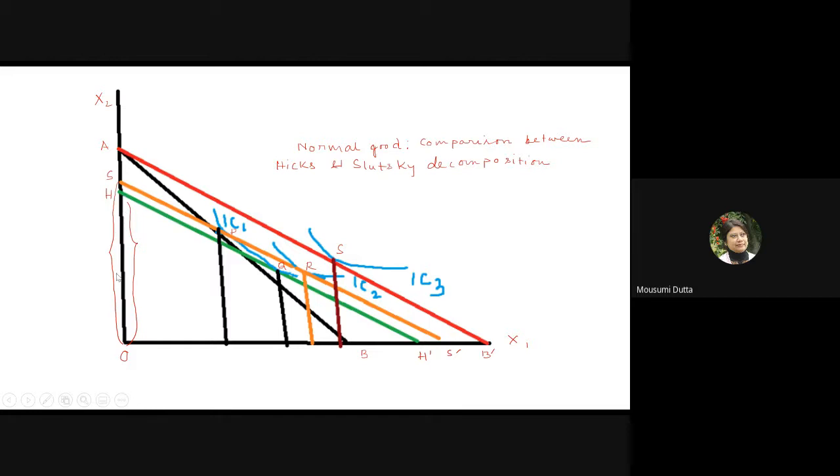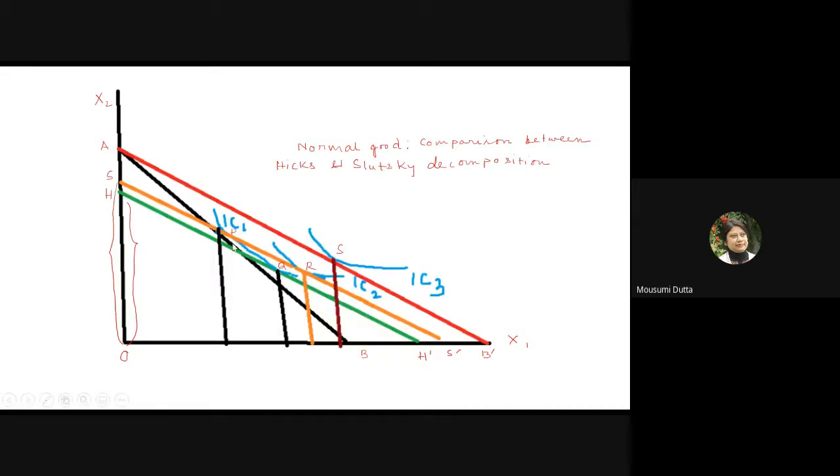However, HH prime has a lesser intercept given by OH, and AB prime has a higher intercept given by OA, indicating we have cut down the income AH in such a way that it can touch the initial indifference curve IC1 at point Q. So with this HH prime budget line the consumer can consume at Q, along the initial indifference curve IC1.